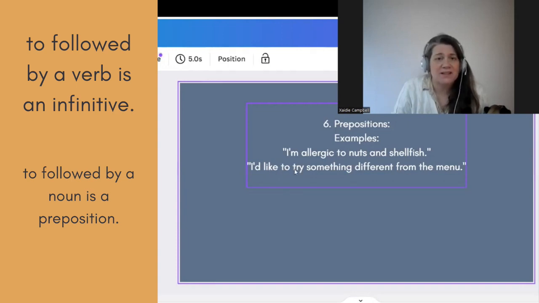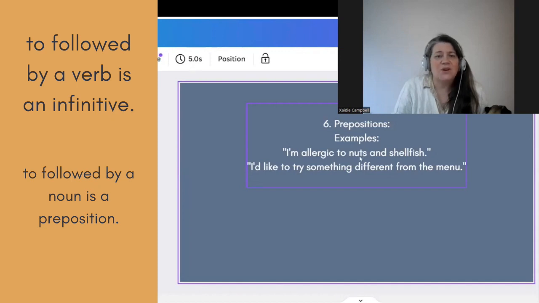This is a verb plus infinitive construct. But over here we have from the menu. From is our preposition. But up here, this to is a preposition. It's showing the relationship between the allergies and the nuts.